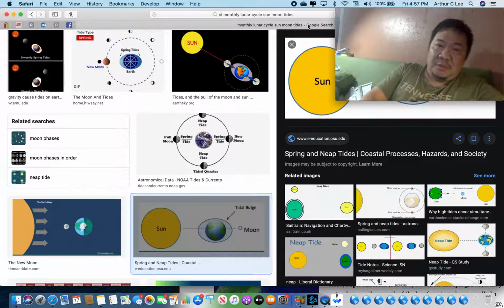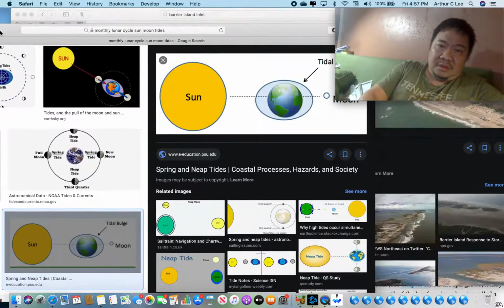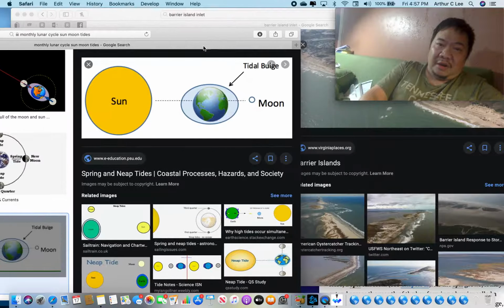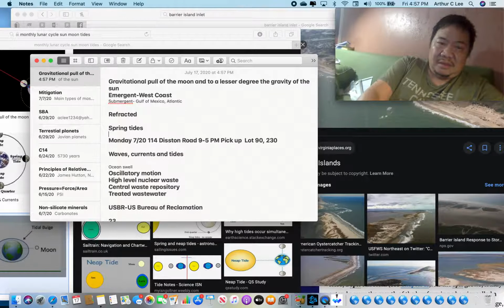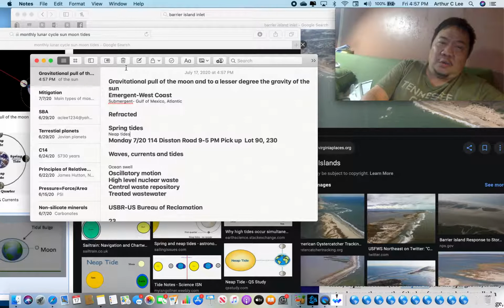When the sun and the moon are lined up like they are here, you're going to get what we call spring tides. So what we're going to talk about next is spring tides and neap tides. Spring tides occur once a month, once every 30 days.